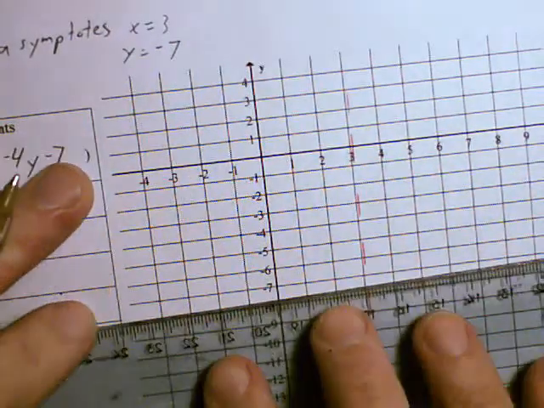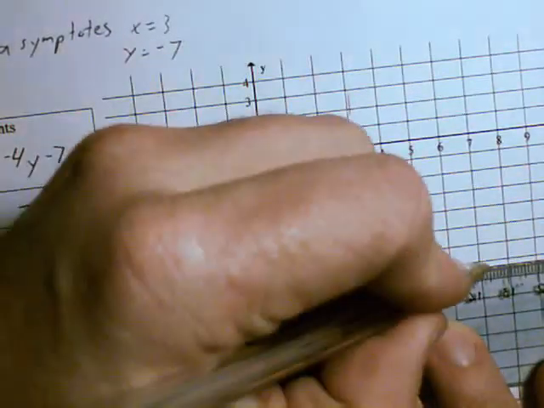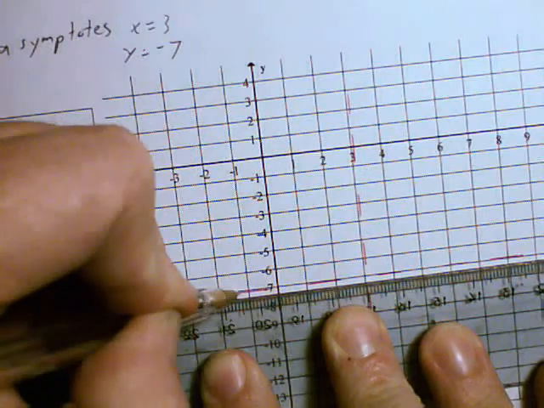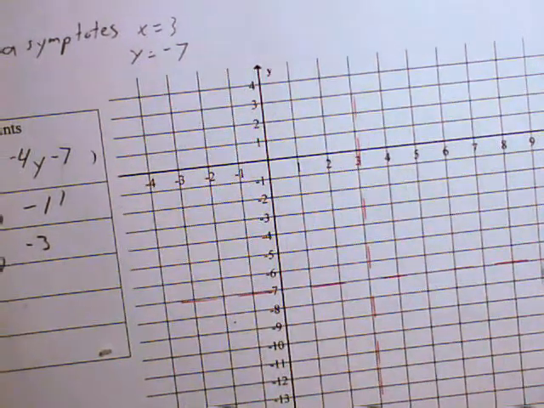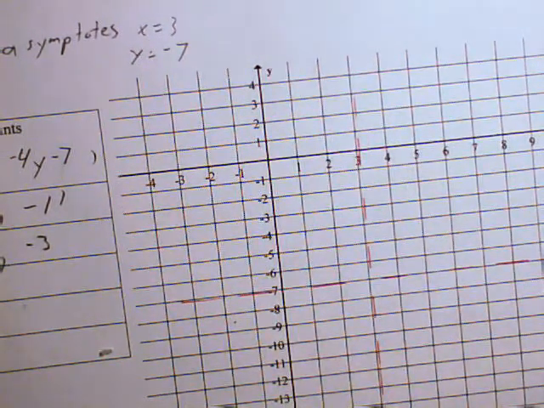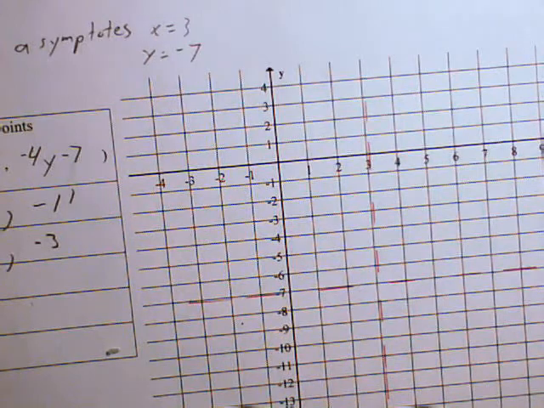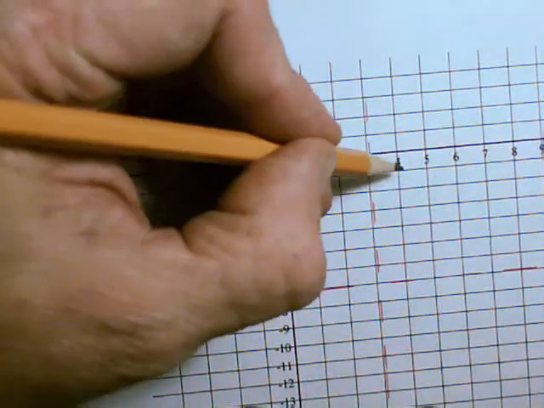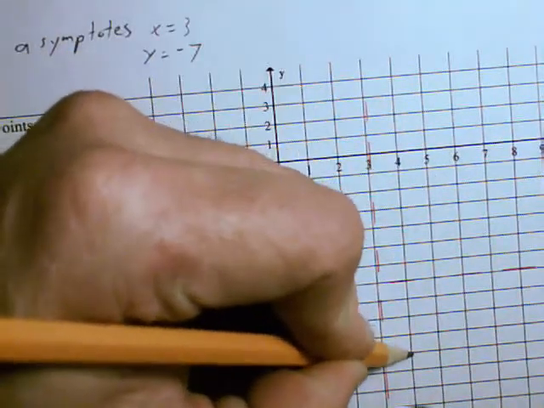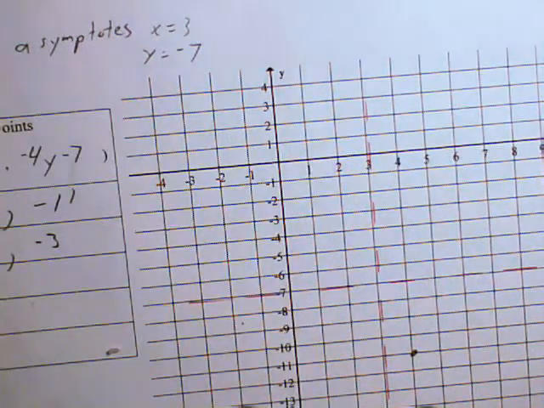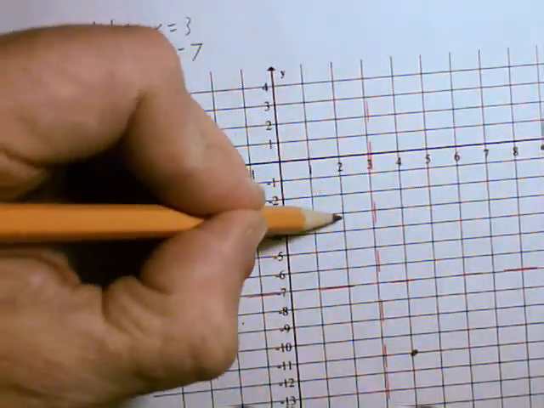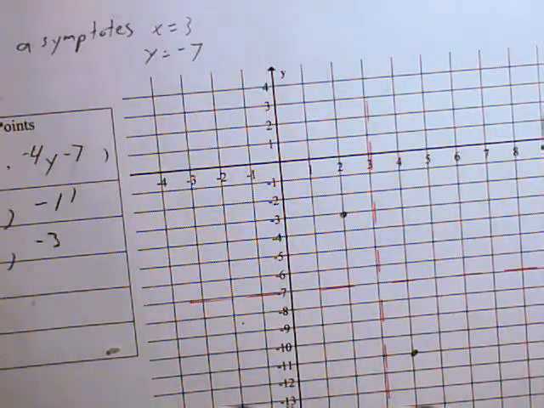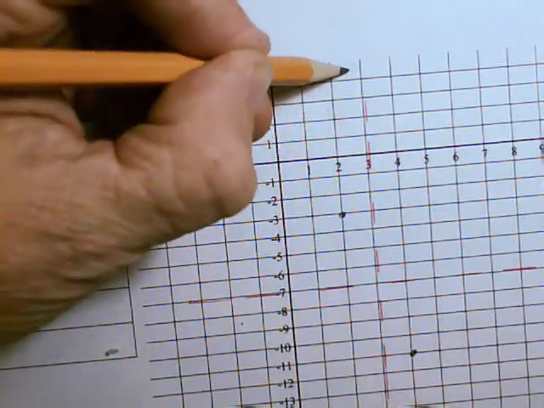And y equals negative 7 is right here. Now I will just plot my points. So I have 4 comma negative 11, and 2, negative 3. My graph looks like this.